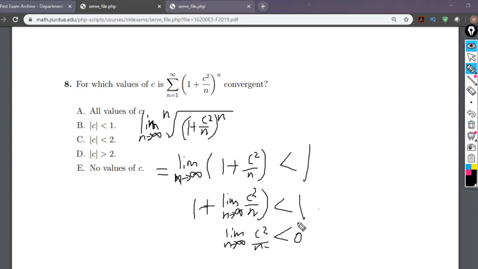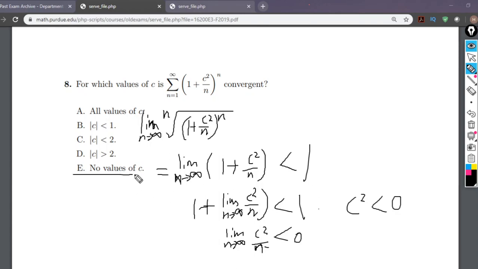So at this point, you should be able to think of one thing: c squared, since c is a value, should always be greater than or equal to 0. If you plug in 100, it should be 10,000. If you plug in -1, it should be 1. Plug in 0, it should be 0, but a square is never less than 0. And the n here, you can just multiply both sides by n, since n is not 0, that is fine. So you should have c squared is less than 0, and this is never possible.